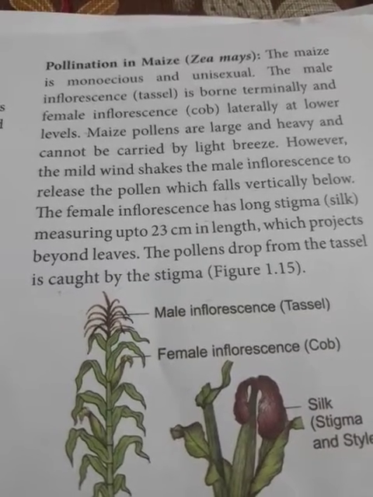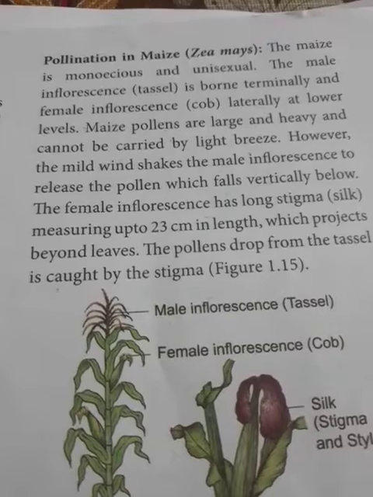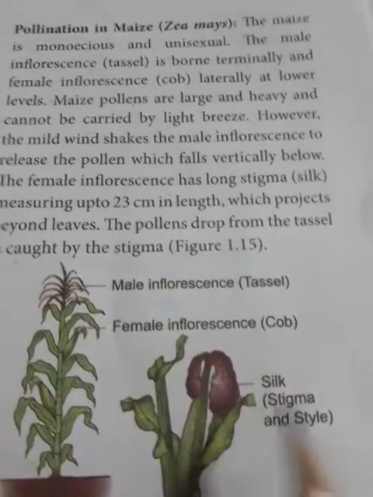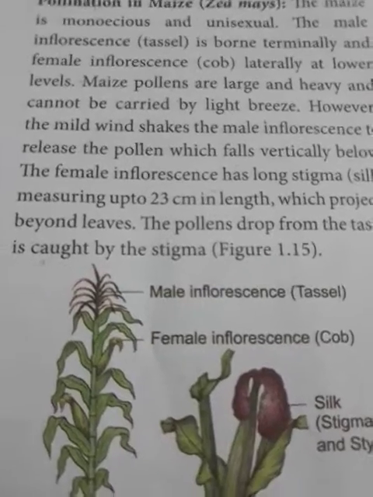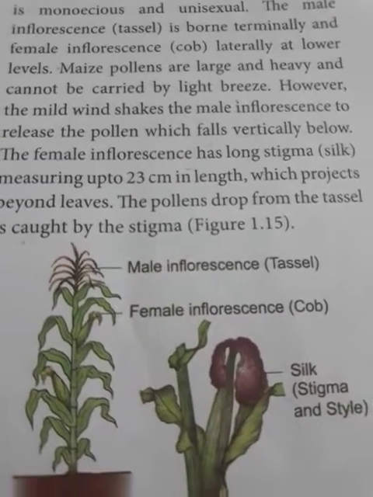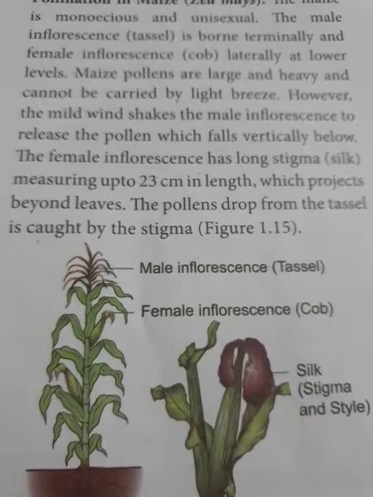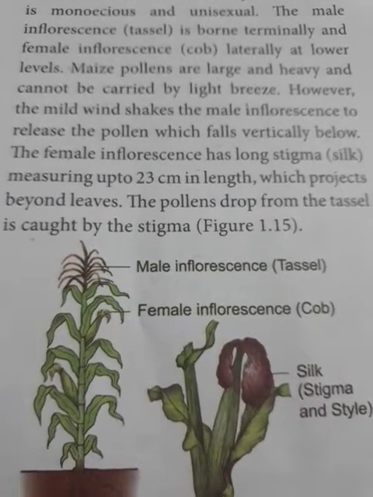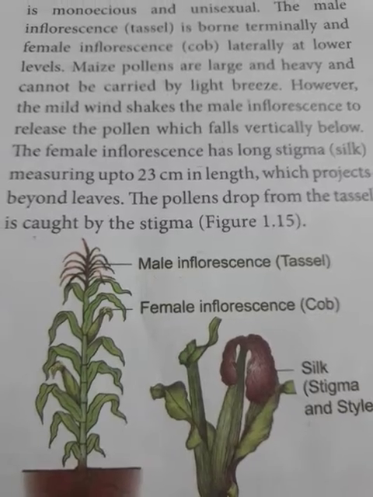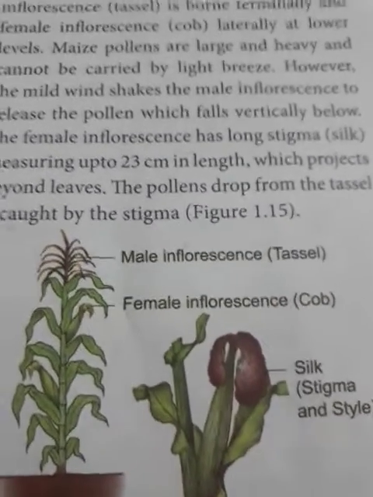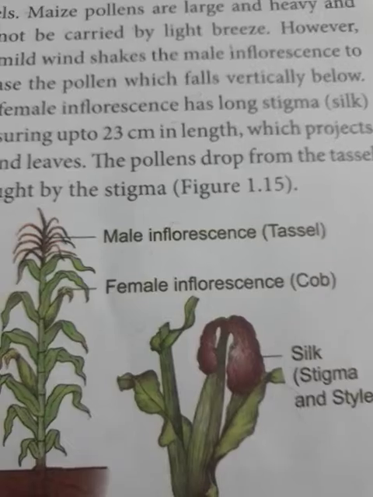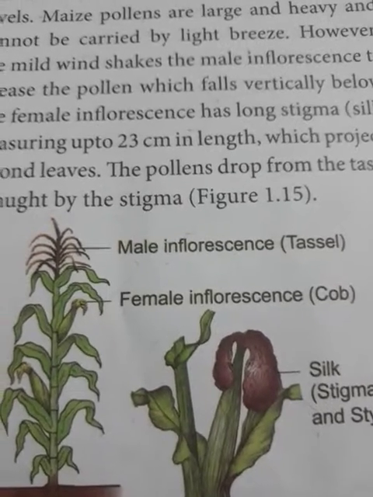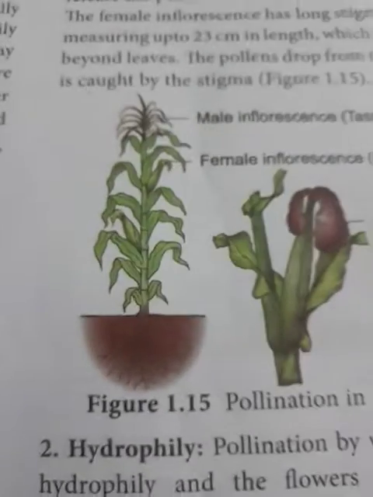The female inflorescence has a long stigma, which is called the silk. In violet color, we can see the silk measuring about 23 centimeters in length, which projects beyond the leaves. The pollen grains dropping from the tassel are caught by the stigma. So pollination in maize takes place in this way, where the plants are monoecious and unisexual flowers appear.